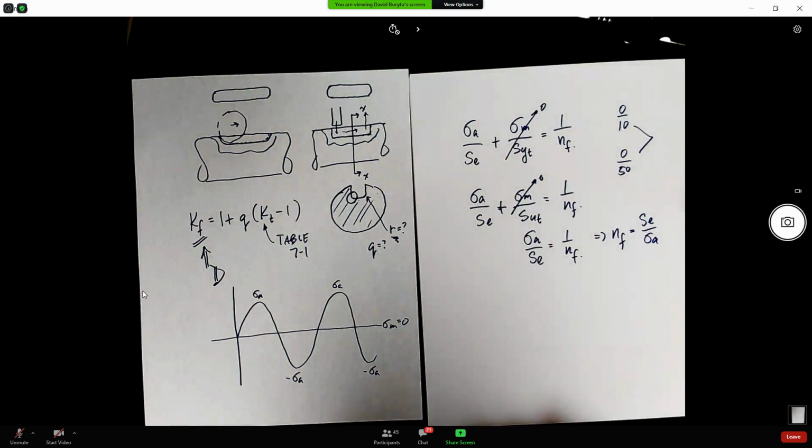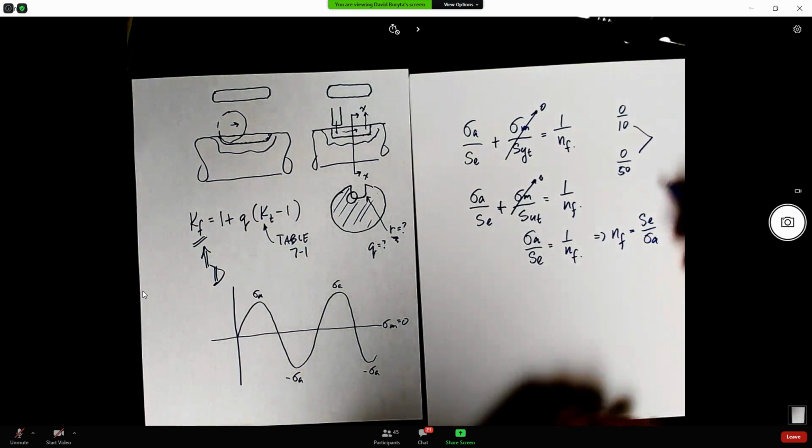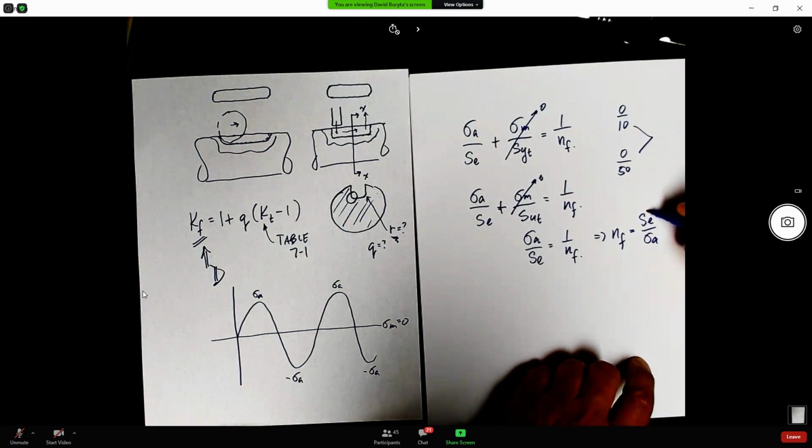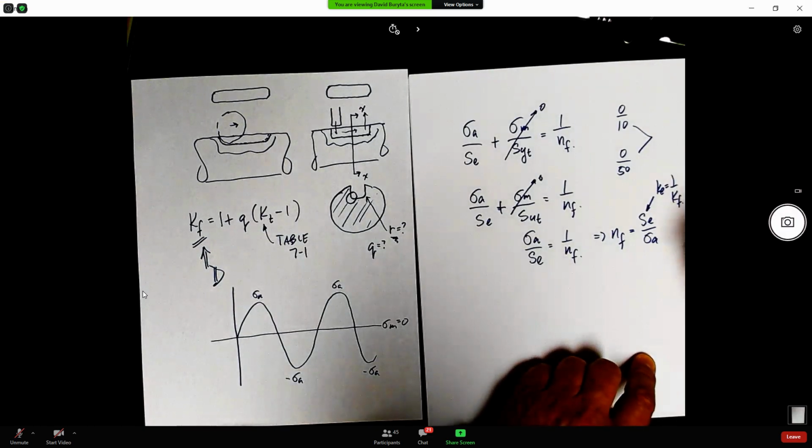Now, what I was saying previously is you have to be careful, because if you put the KE equal 1/KF into here, then this becomes the nominal stress, right?